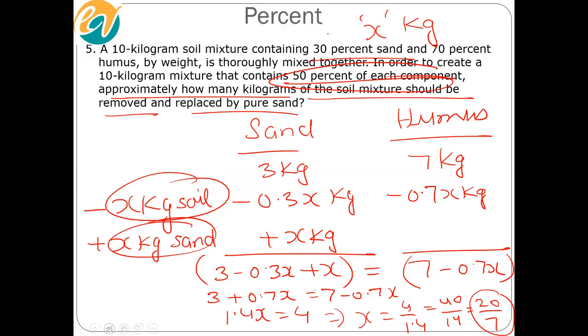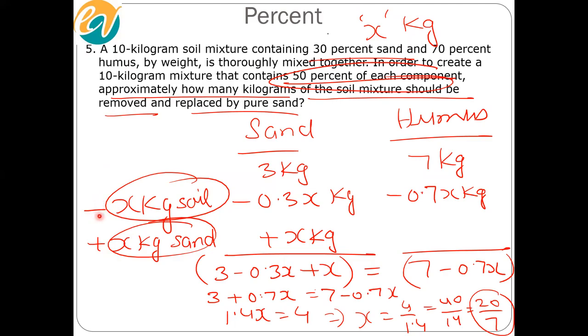So this is incidentally what was asked, right? How many kgs of soil mixture must be removed and replaced by pure sand? So we assume that x kgs of soil mixture should be removed and replaced with pure sand.